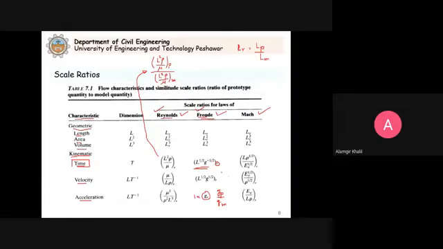Otherwise, first you have to develop these equations and then use them to solve the problems. So that's why in your textbook this is given in the form of a table. And they are directly developed for these three numbers, but you can develop the same for other dimensionless numbers also.